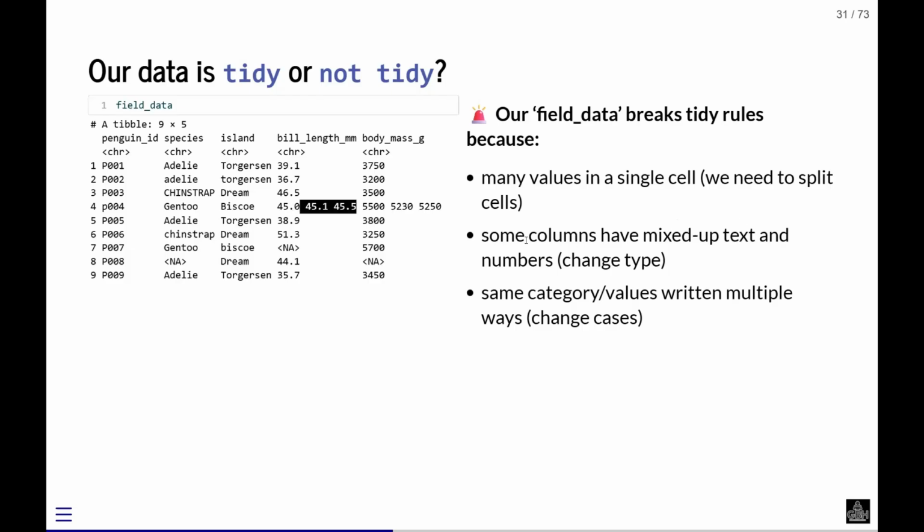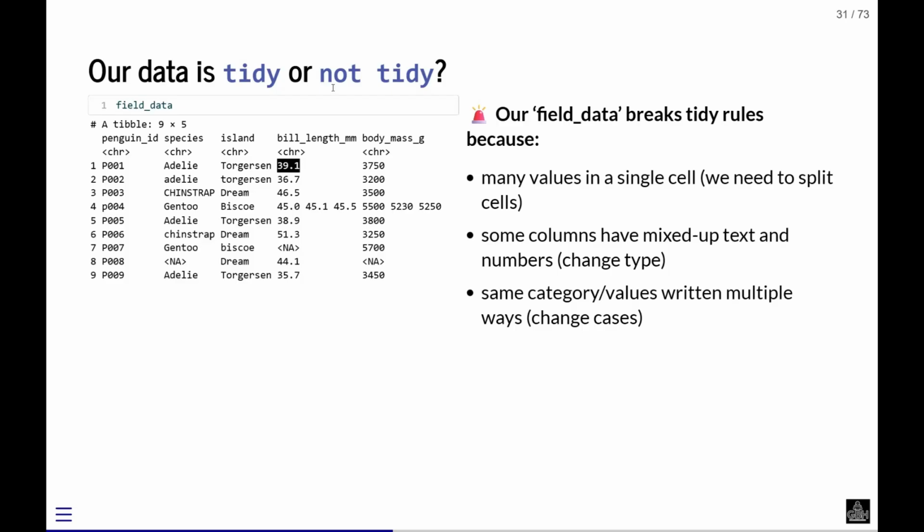And also we see that some columns are mixed up, text with numbers. It should have been a numeric type for the entire column, but it is a character now. That means R turned each and every number you see here into text internally.